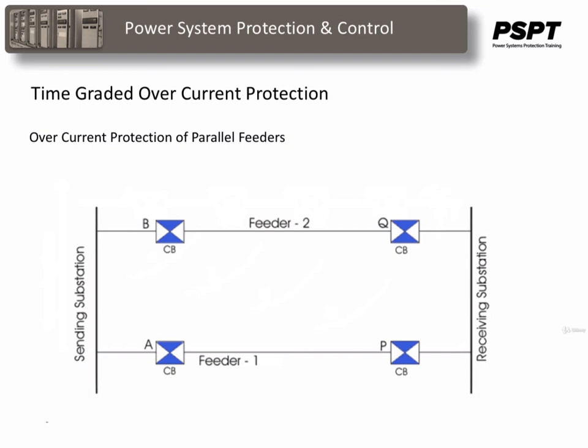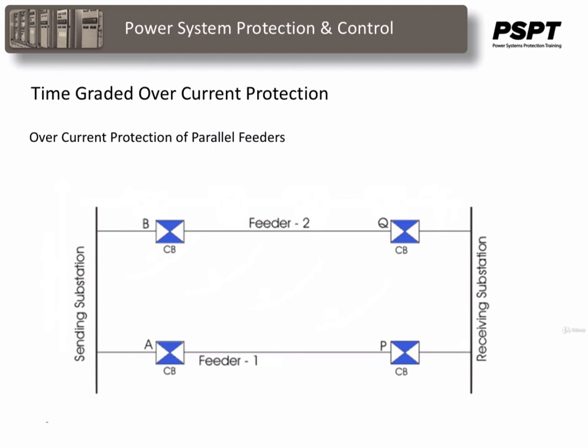This requirement makes the protection of parallel feeders a little bit more complex than the simple non-directional overcurrent protection of the line, as in the case of the radial feeders. The protection of parallel feeders requires the use of directional relays and the grading of the time setting of relays for selective tripping.